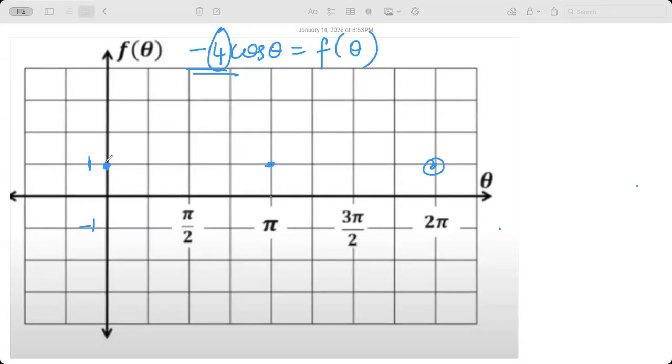Isn't the interval minus 4? Sorry ma'am. The interval is not minus 4. I mean the amplitude, right? The amplitude is minus 4. No, I am plotting the original parent cos curve. Oh, okay. For you all to understand well and not make mistakes, I'm just plotting the original cos curve.